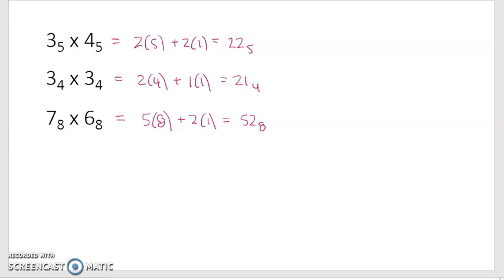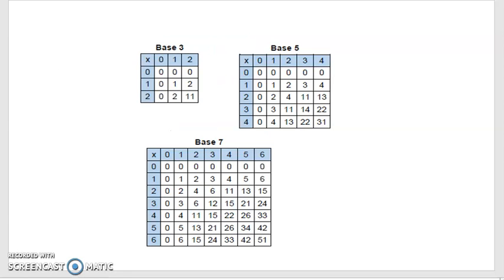A nice way to summarize the multiplication in other bases is with multiplication tables. So for example, you just do many of what I just did in terms of multiplying the numbers. If I say, okay, in base 7, what is 3 times 6 in base 7? Well, 3 times 6 in base 7, there it is. The multiplication table says it's 24.